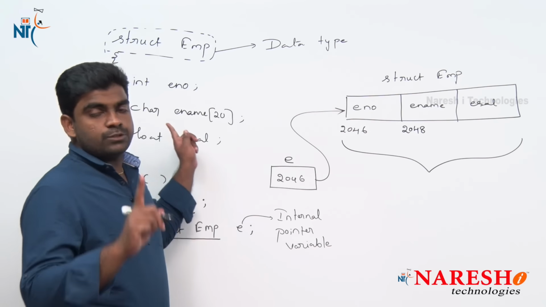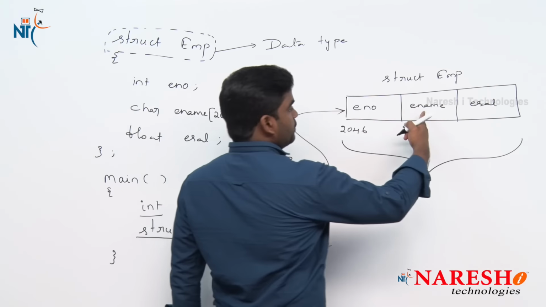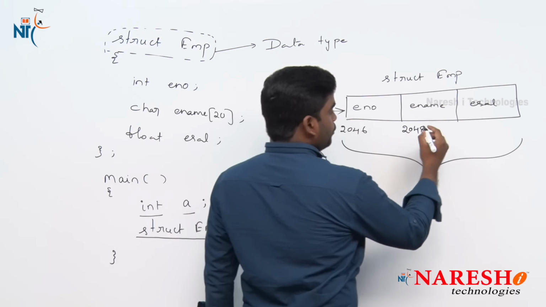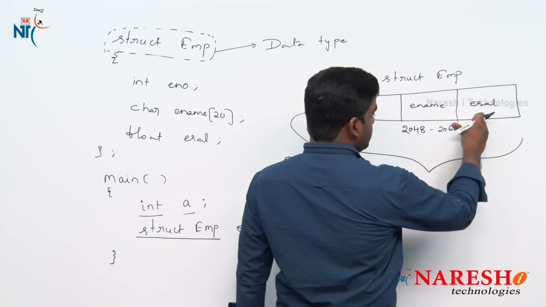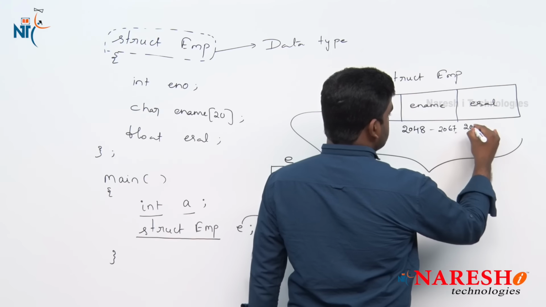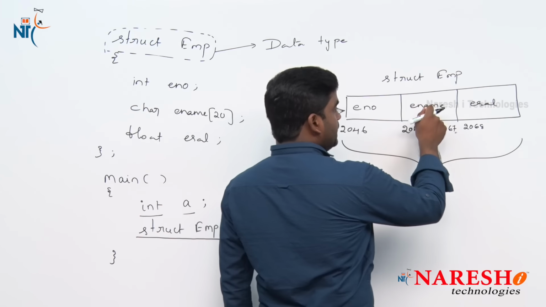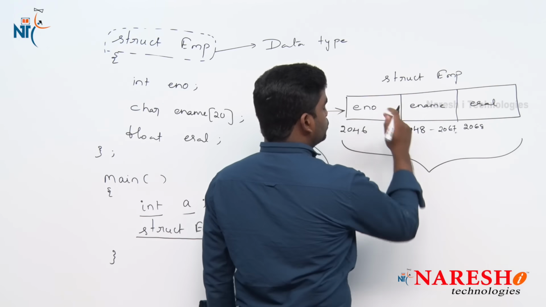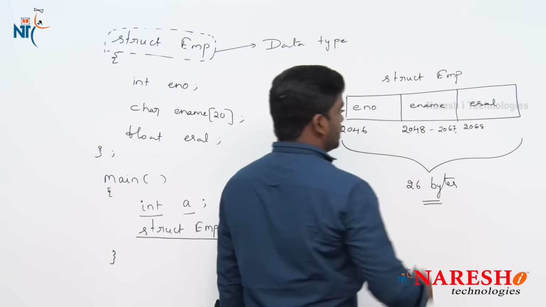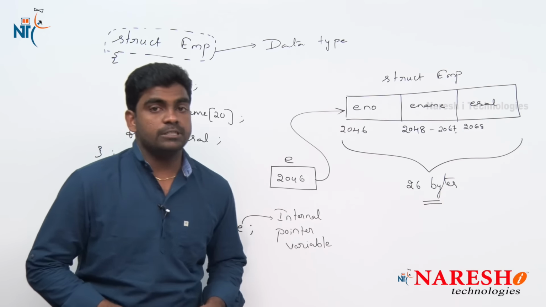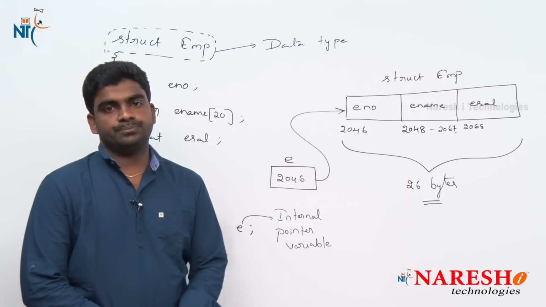Each character occupies 1 byte in C language, so 20 characters means 20 bytes: 2048 to 2067. Then the next address is 2068, and it occupies 4 bytes. So in total 20 plus 4 plus 2, that is 26 bytes of memory will be allocated to this structure variable.